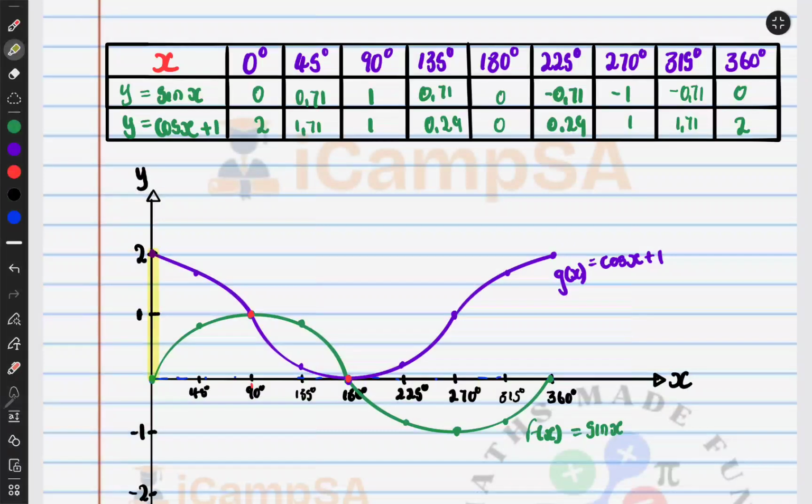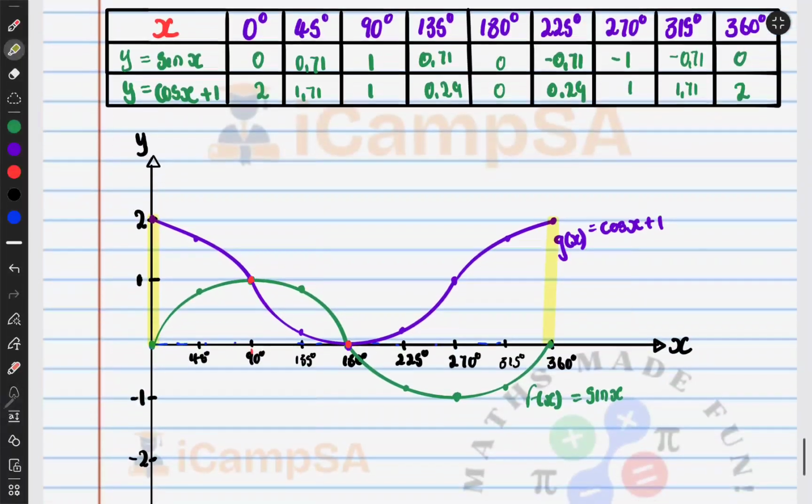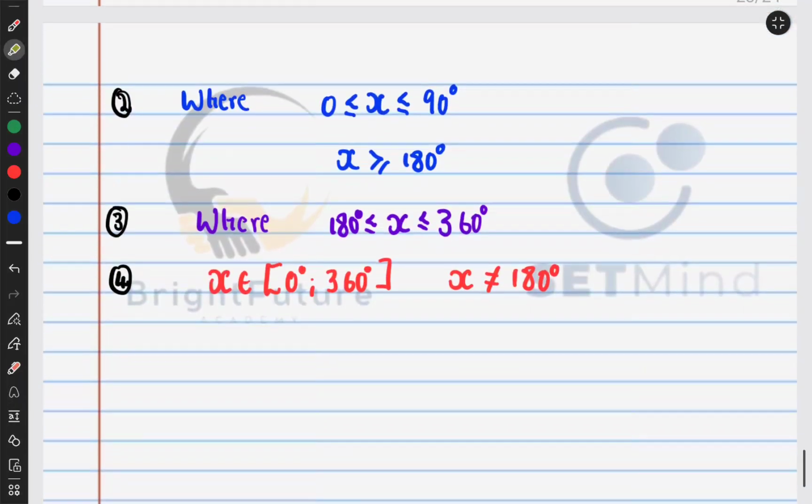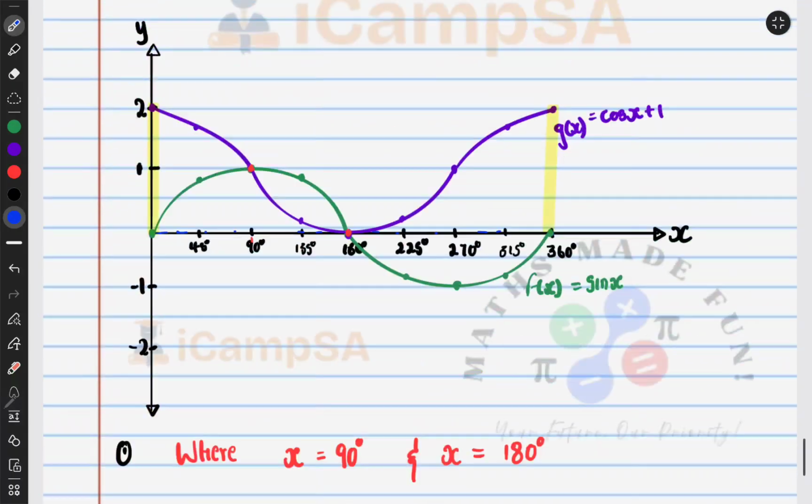So 2 minus 0 is 2, and then we go right up until 2 once again minus 0. So it's where x is equal to 0 and x is equal to 360 degrees. That is number 5.